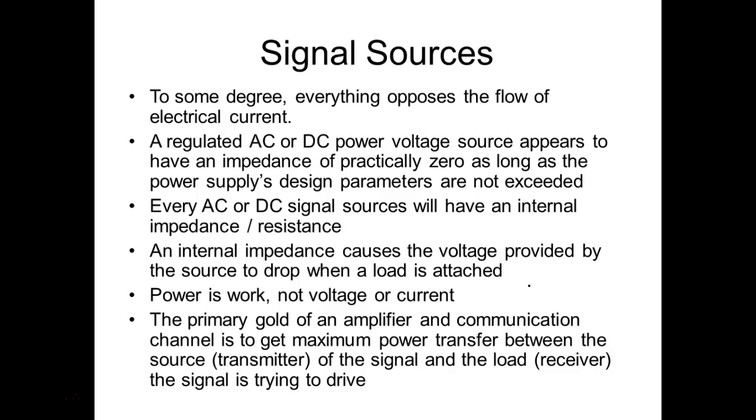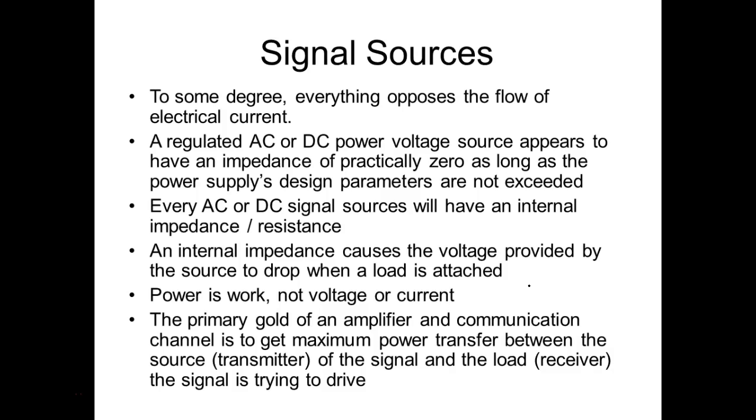But to some degree, everything opposes the flow of electrical current. A regulated AC or DC power source appears to have an impedance of practically zero as long as the power supply's design parameters are not exceeded. So as soon as we stuck that Zener in there, the output stayed basically constant, right? You understand?